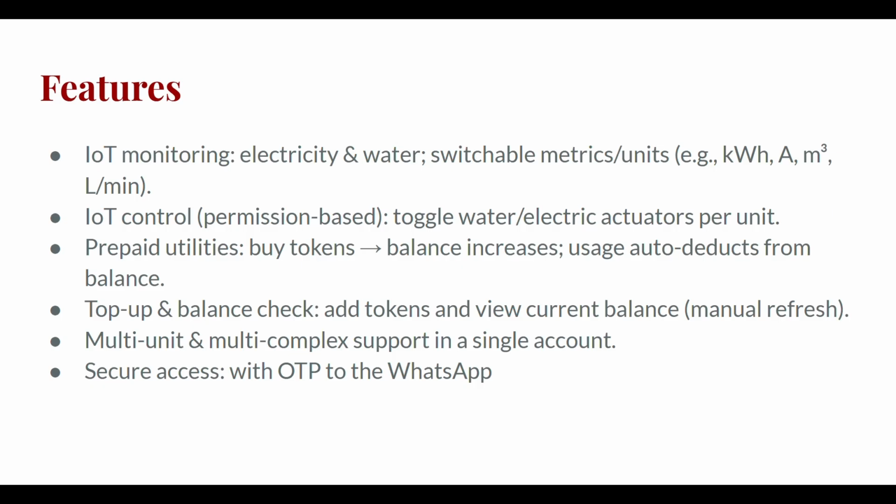Also top up and balance checks to view tokens and balance, and multi-unit and multi-complex support in a single account. So if the residents have more than one unit, they also appear even if the buildings are different. And also secure access with OTP to WhatsApp.